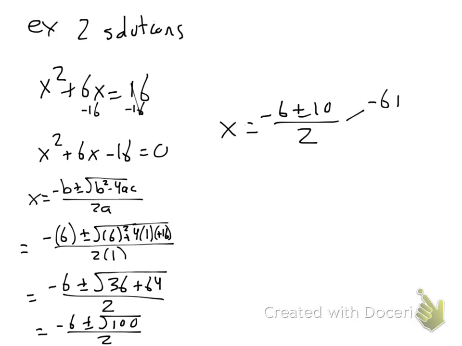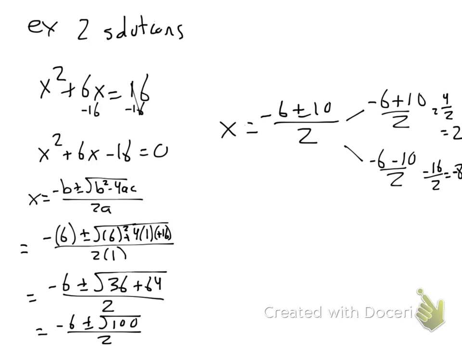So negative 6 plus 10 over 2 and negative 6 minus 10 over 2. Those are things that you should be able to do because there are two answers, a plus and a minus. So you evaluate them both, you get 4 over 2, which ends up being 2, and negative 16 over 2, or negative 8. And so we found two answers to be 2 and negative 8.